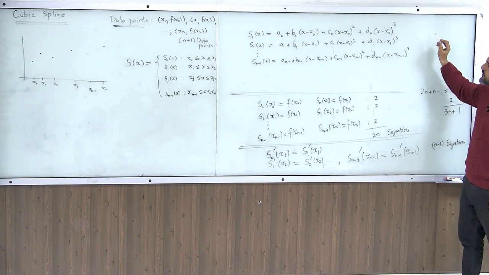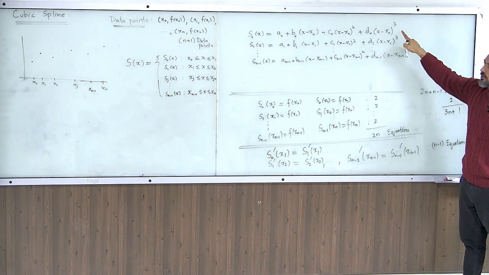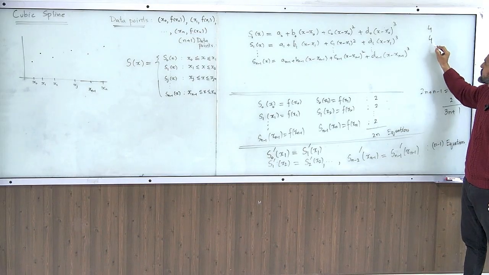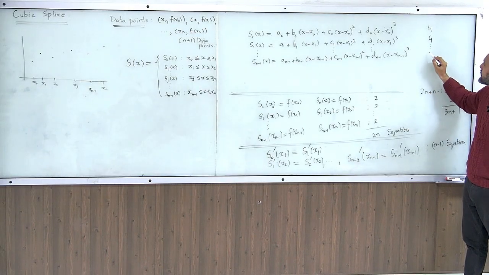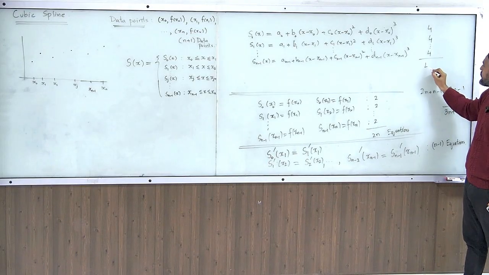Now if I ask you how many unknowns we have in s naught, we got 4 unknowns. In each spline I got 4 unknowns, and the total number of equations is n, so we got 4n unknowns.